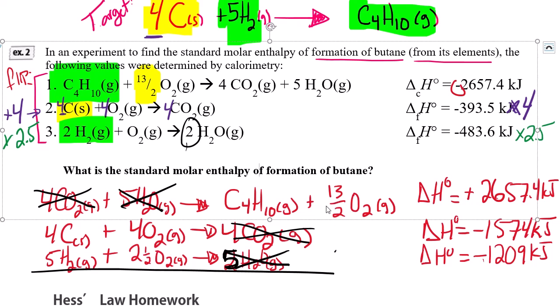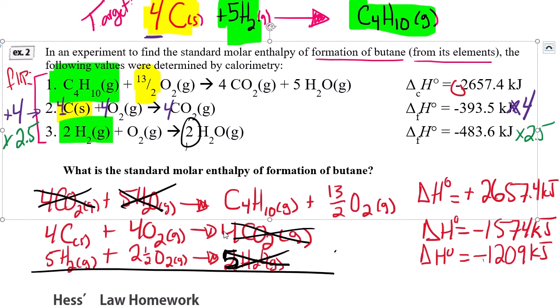If you don't like fractions, you could just convert these all into decimals, and then you could solve that way, right? 13 halves would be 6.5. And then over here, I've got 4 plus 2.5, that would be 6.5. So I've got 6.5 oxygens on the left, 6.5 oxygens on the right. So they will cancel like I need them to give me this target reaction up here.